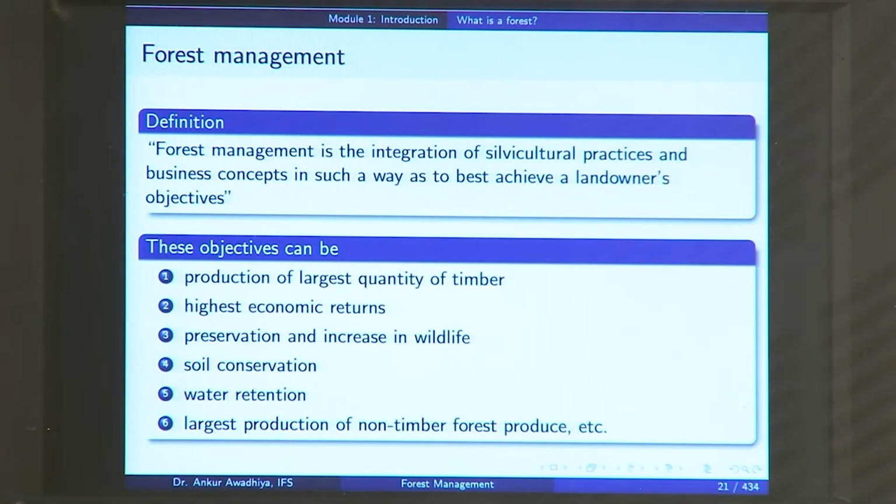You could have an objective of production of the largest quantity of timber. So, you are looking at the maximum volume of timber that can be harvested from your forest, or you could be looking at highest economic returns. Now, both of these are not the same. So, for instance, in areas that are having a plywood industry, you have trees that are cut into logs, and then those logs are converted into very thin sheets, just like a sharpener works.